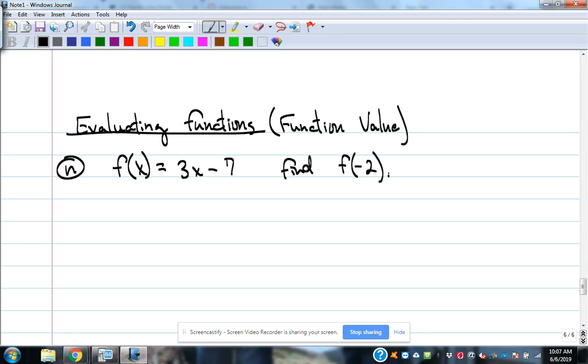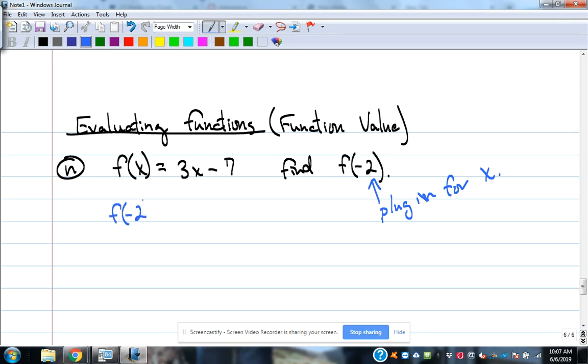All that means, it's fancy notation for saying plug negative 2 in for x. That's all that means. Plug that in for x.